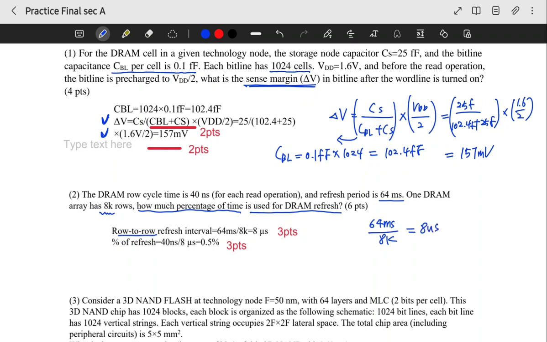So every 8 microsecond we have to do some refresh. And we know the row cycle time is 40 nanosecond. So we divide 40 nanosecond by 8 microsecond, and you will get 0.5%.